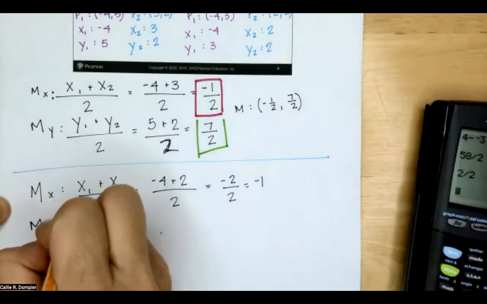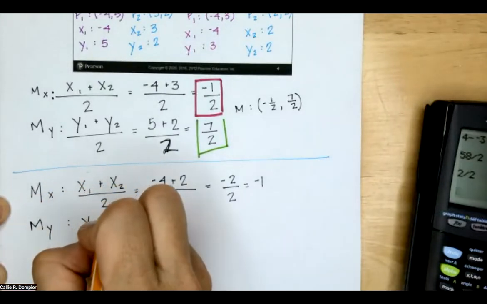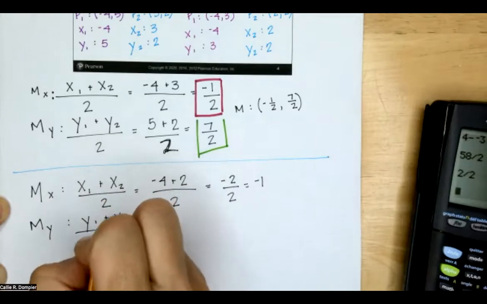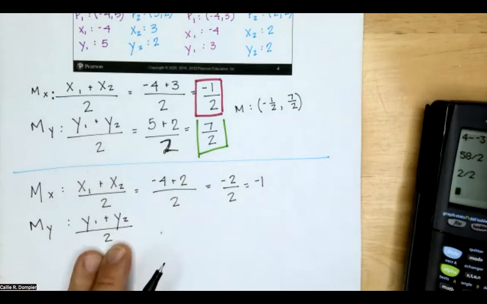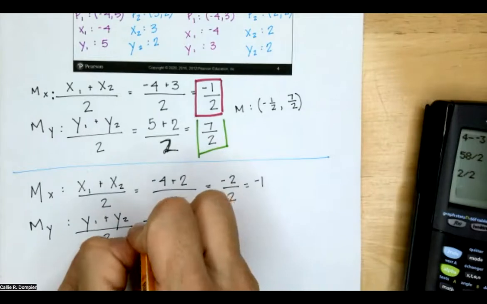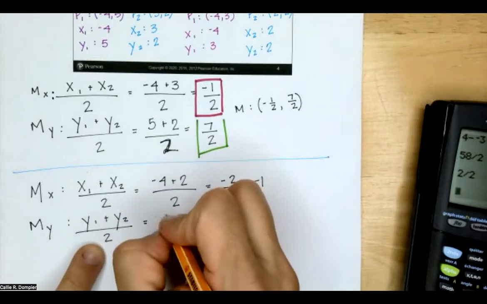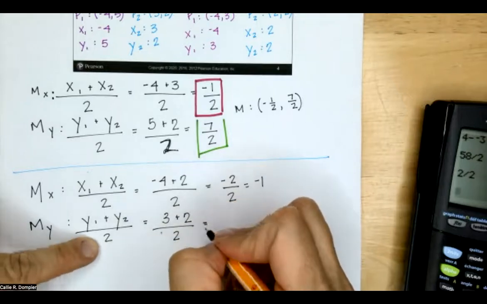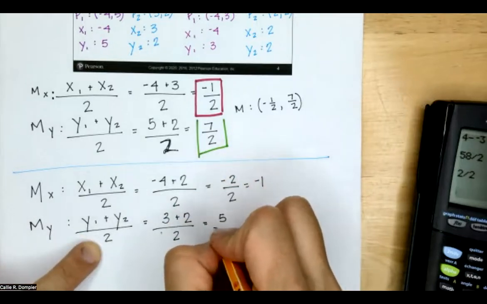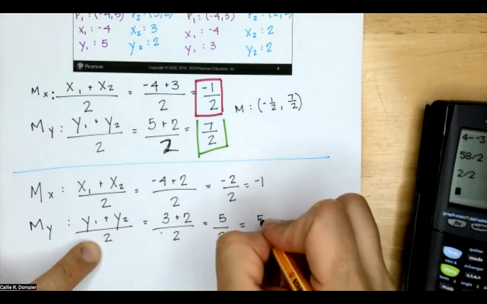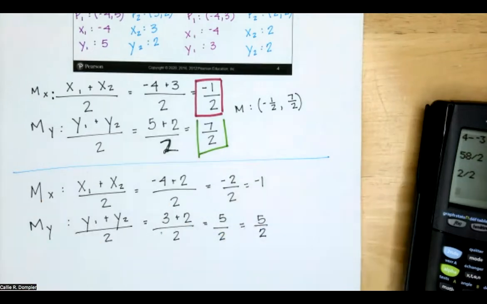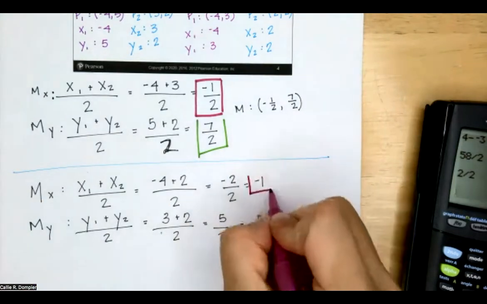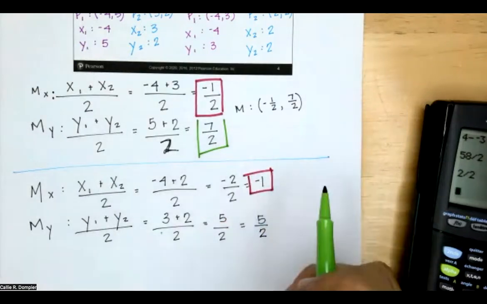Midpoint y is y1 plus y2 over 2. So you're just combining those points, cutting them in half. y1 was 3, y2 is 2. 3 plus 2 is 5 over 2. I'll just write it a second time so that it's in the same column.